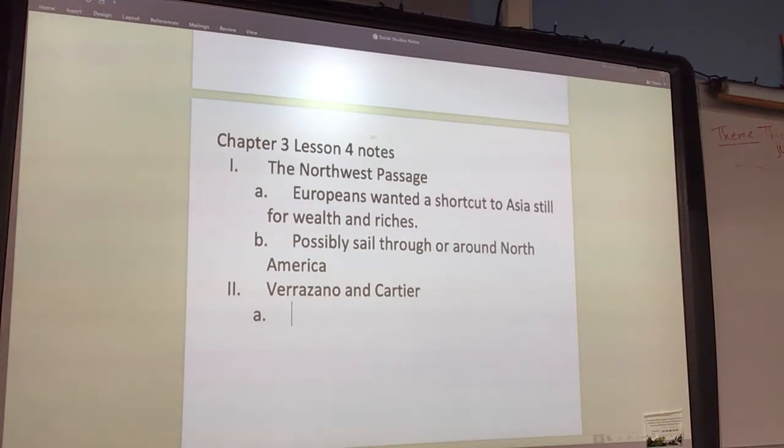The French king, Francis I, was one of the many European rulers who wanted to find the Northwest Passage through North America. In 1524, he sent an Italian sailor, Giovanni da Verrazano, to find it. Verrazano set sail in January 1524. He landed on the coast of what is now North Carolina in early March.